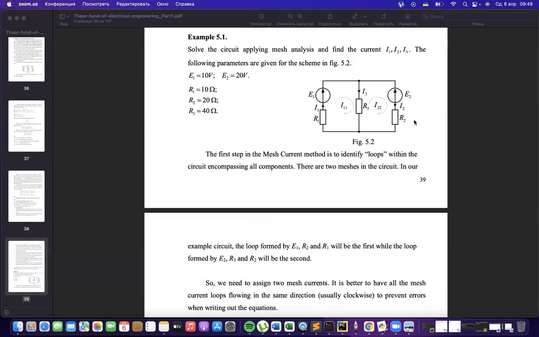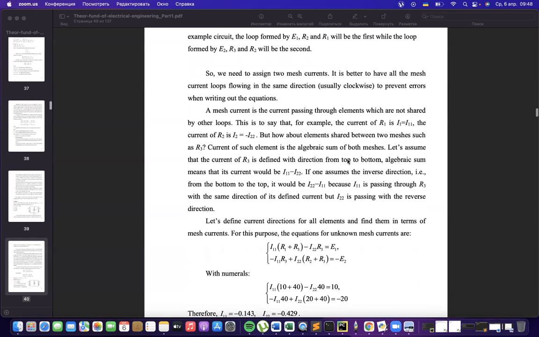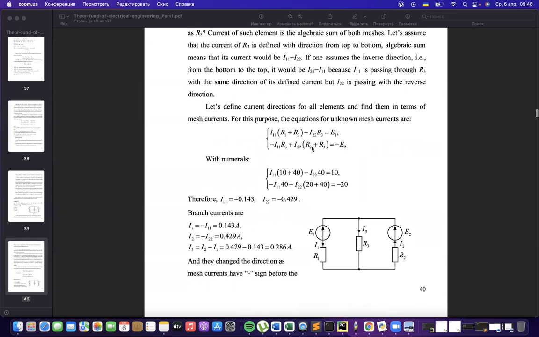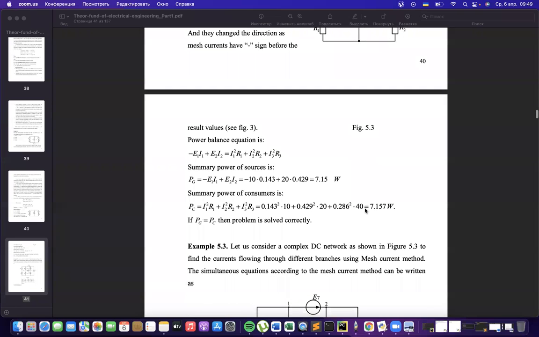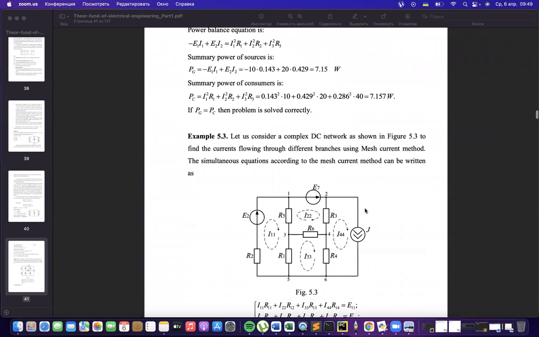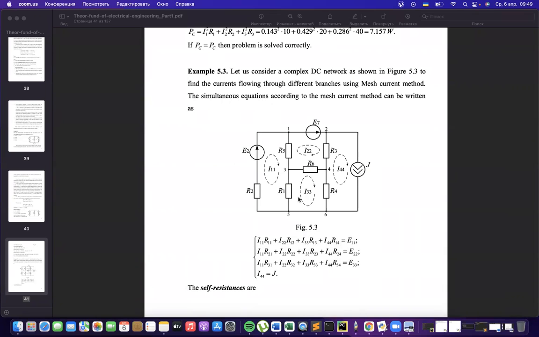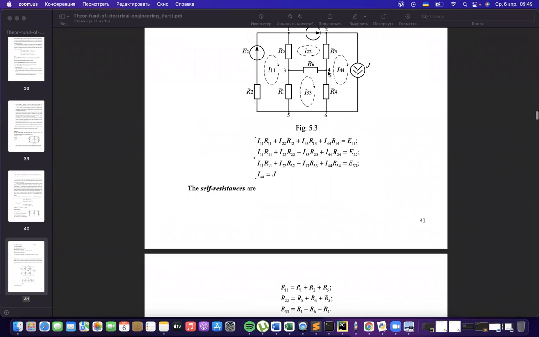A couple of examples in numbers. For 2 sources, 3 consumers, finding the mesh currents 1 and 2, make an equation, solve this equation, find currents, and check them by power balance. Also, for a more complex system with 4 meshes, we have 4 equations in total. The last mesh just equals the current source.